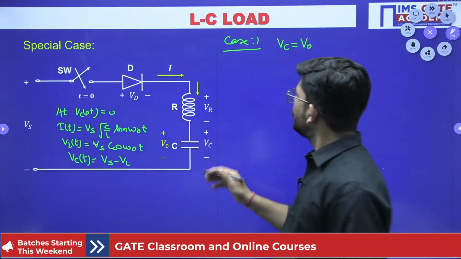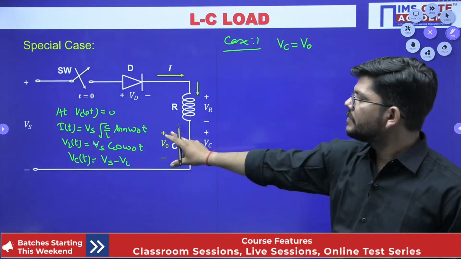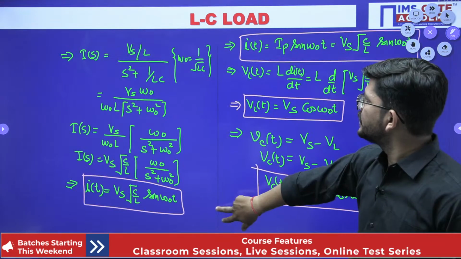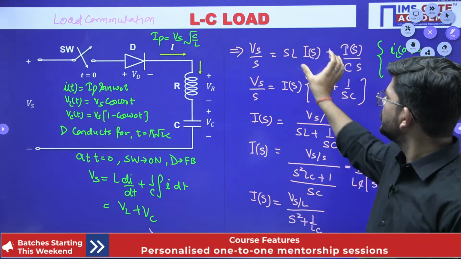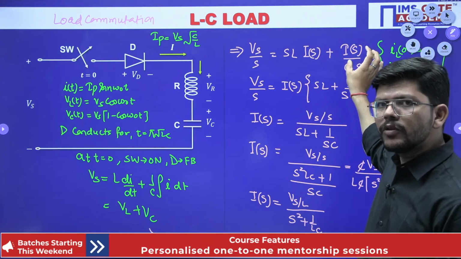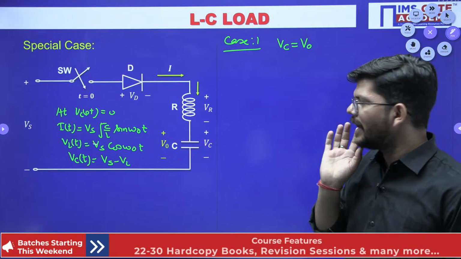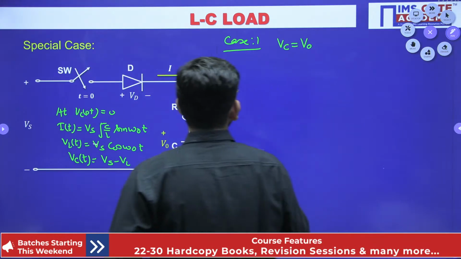So let us consider the first case in which the capacitor is charged with plus V0 voltage. You have to do the same exercise, solve all those things, putting some initial values of voltage, and then finally you will get an expression. But you don't have to do the same exercise again and again. Let me tell you what the expression is going to be.